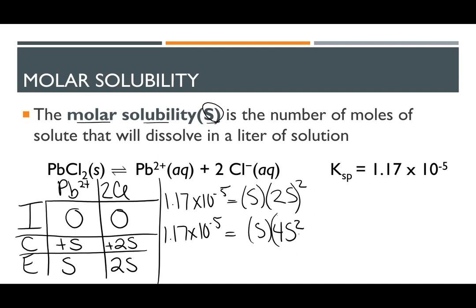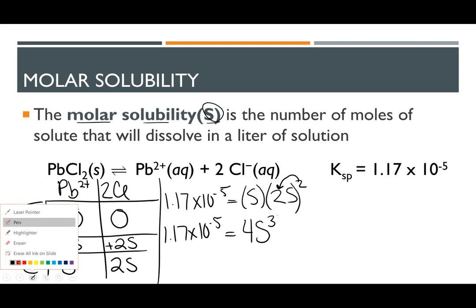And then we're going to multiply that by an S. So remember, we add the exponents. So this is going to end up being 4S cubed. The biggest mistake here is not squaring the 2. So you guys get so wrapped up in the variable that you forget to square the 2. So this is 4S cubed.